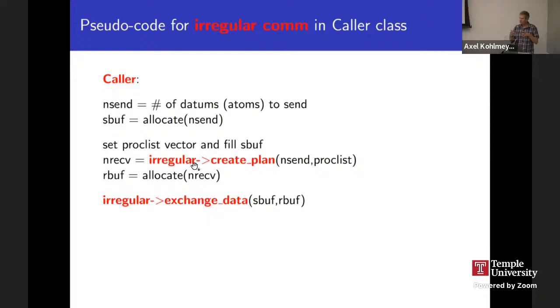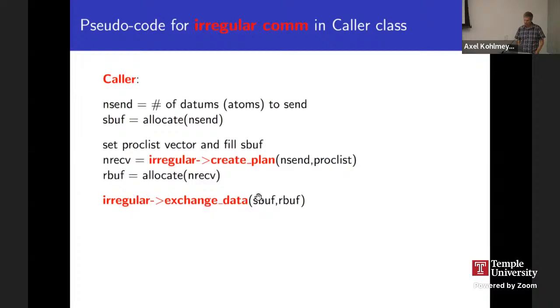A plan is going to store information about how it's going to do that MPI reduce scatter. It's going to store how many messages I'm sending, how big they are, et cetera. What comes back from this call is the number of datums I'm going to receive, which I didn't know in advance. This is the total number, so I can allocate space for them.